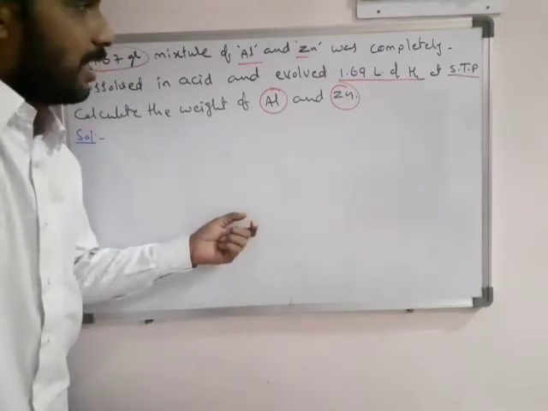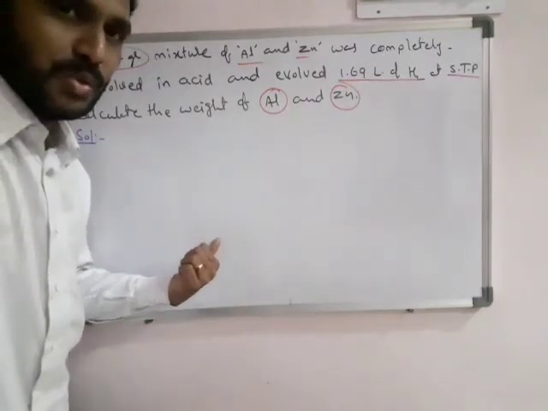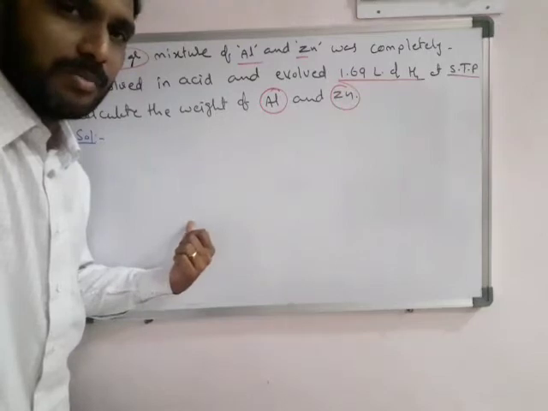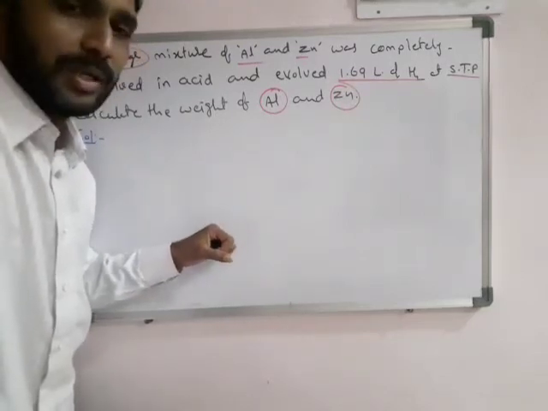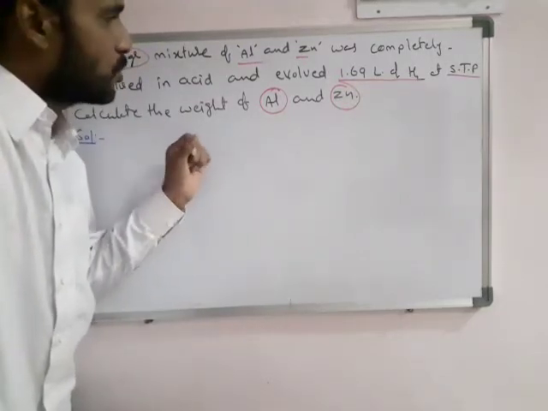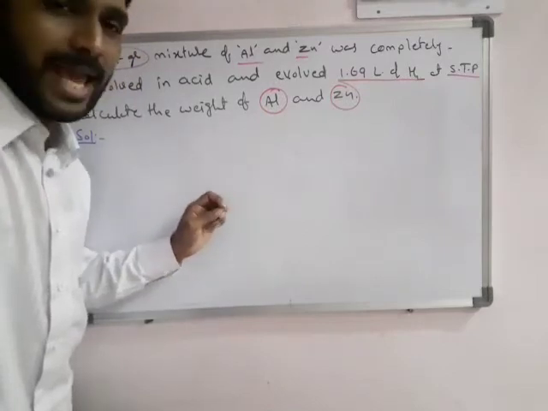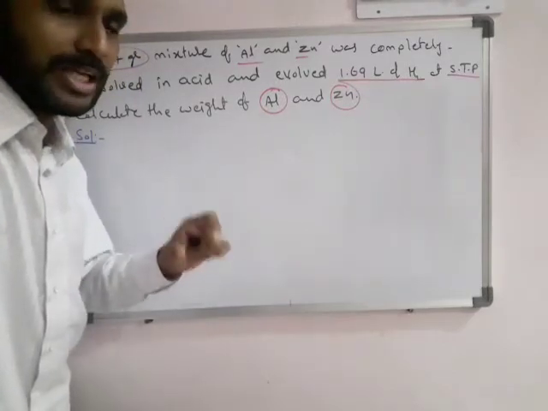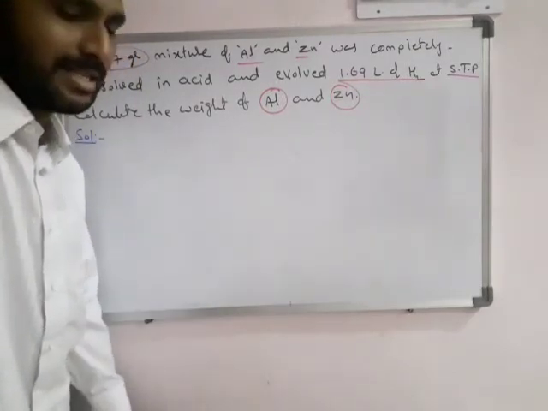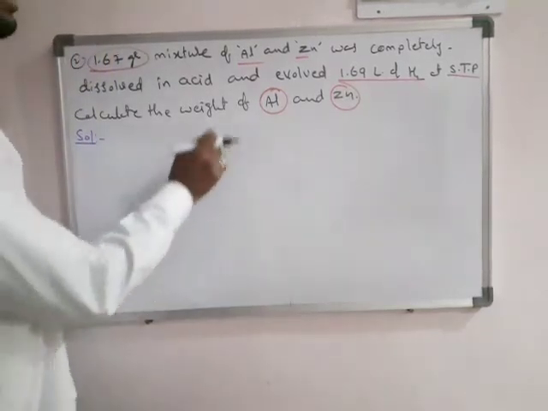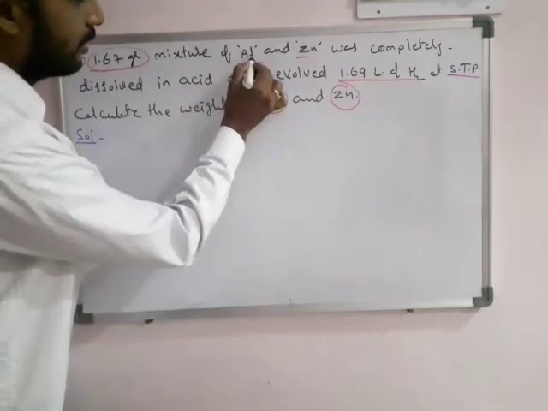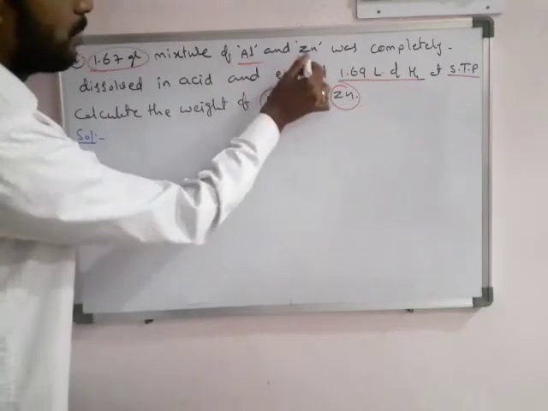Here in the earlier problem there were also two compounds, sodium hydrogen carbonate and potassium chlorate, in which only sodium hydrogen carbonate reacted, whereas KClO3 was unreacted with that acid. But here both are metals, aluminium and zinc.